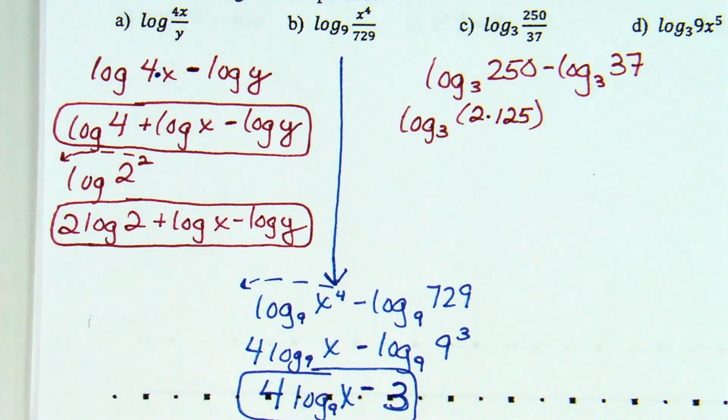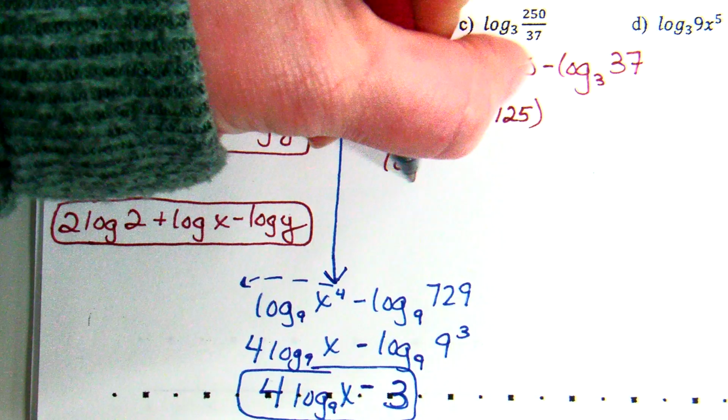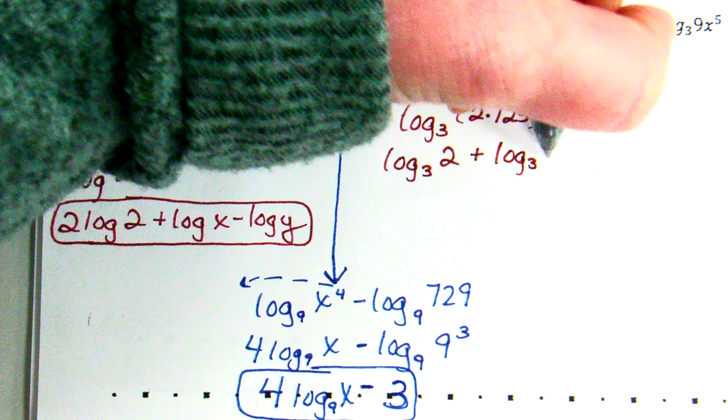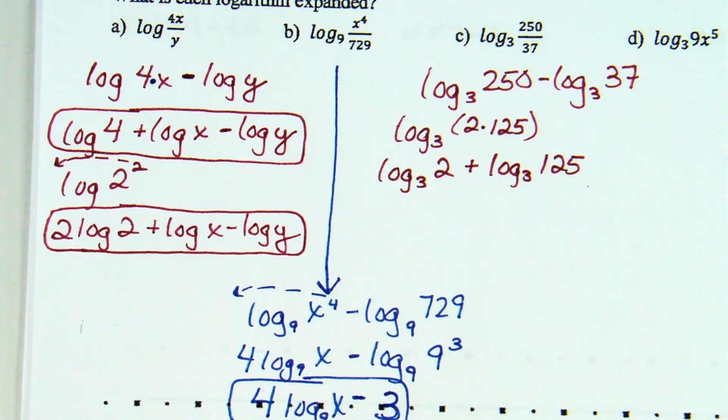I'll pick up the log 37 at the end. Now, I just wrote that as multiplication. What do you know about multiplication? It can be rewritten as 2 logs being added. So I can write this as log base 3 of 2 plus log base 3 of 125.